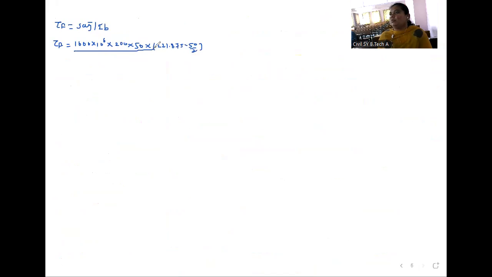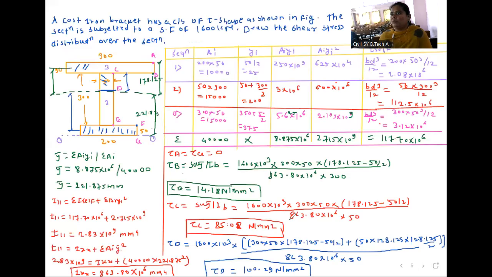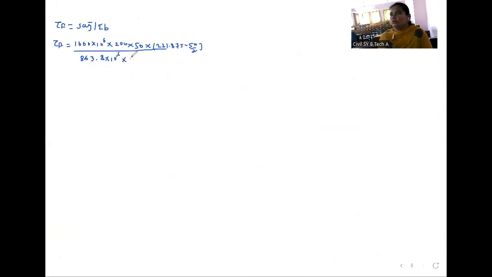Then divide by moment of inertia, which is 863.8 into 10 raised to 6 into, now you observe here the width is 200, so into 200. So you calculate and tell me tau F, which is equal to how much.